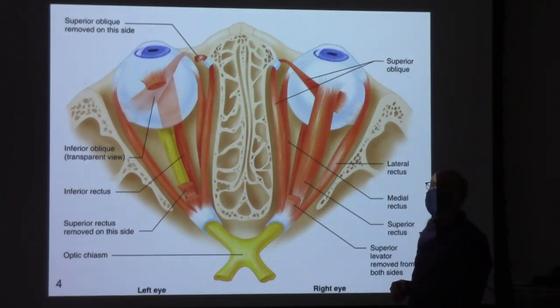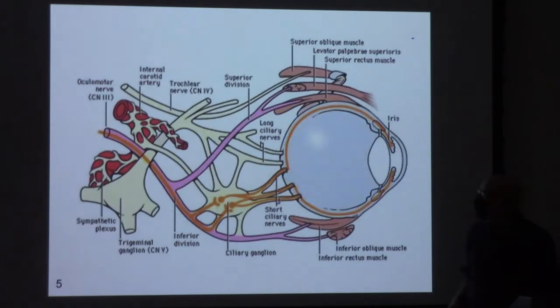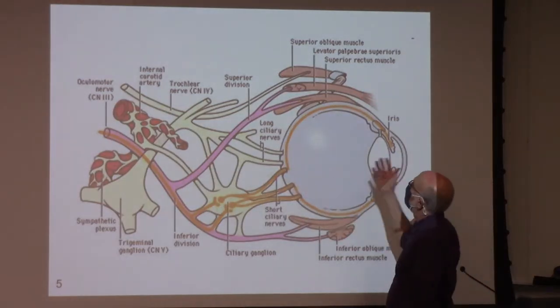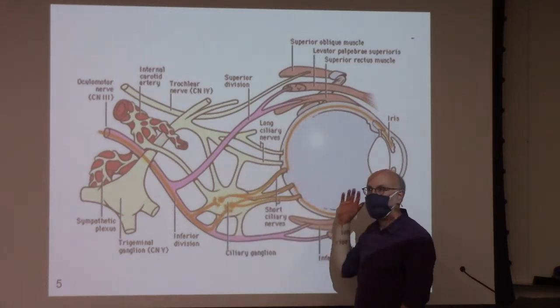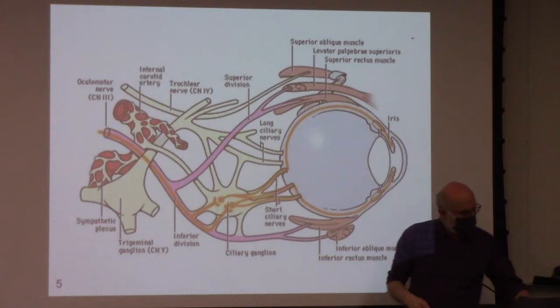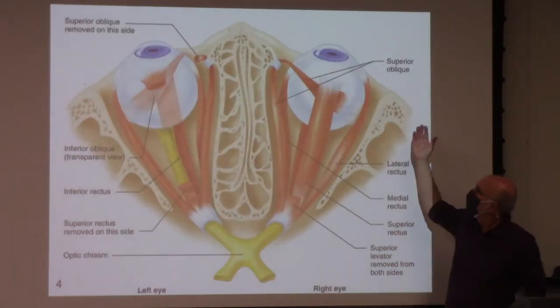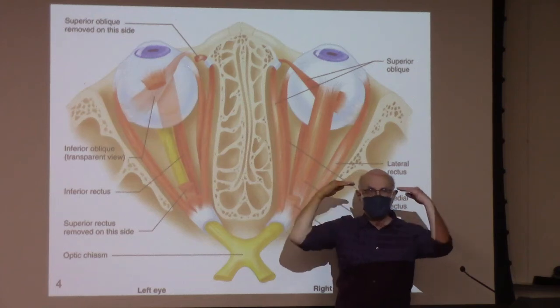Okay, let's talk about innervation. Let's talk about the innervation of the eye. So here is a sagittal view. So whenever you're looking at the eye, you have to know, am I looking at the eye in a horizontal section?